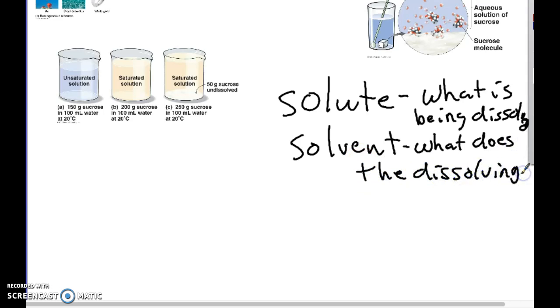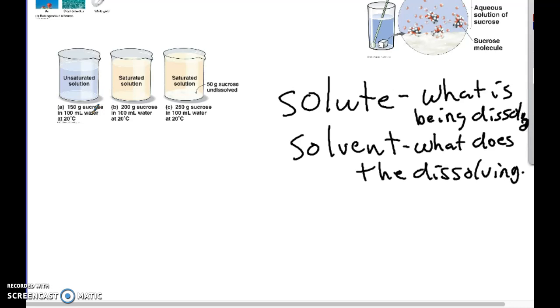All right. So, for example, if we have a solution of sugar water, or sucrose in water, we would say that the water is the solvent. It's what dissolves the sugar, which is what's being dissolved. So sugar would be the solute, and water would be the solvent.